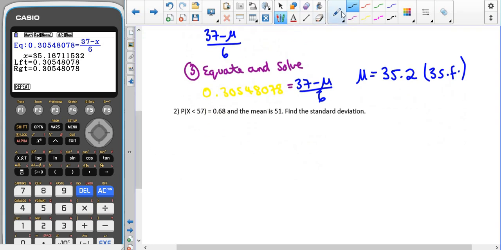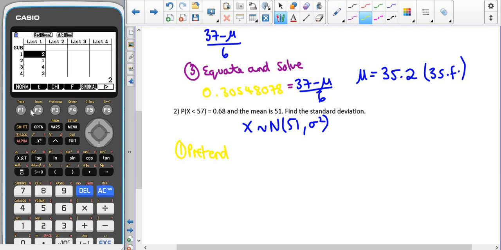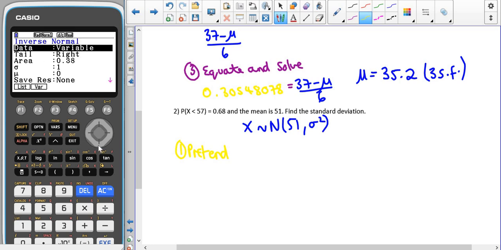So this time we know what the mean is, so x squiggle n, we know that the mean is 51, and we're trying to find the standard deviation this time. So step 1, we're pretending it's the standard normal. So go back into the statistics function in your calculator, dist, norm, inverse normal.